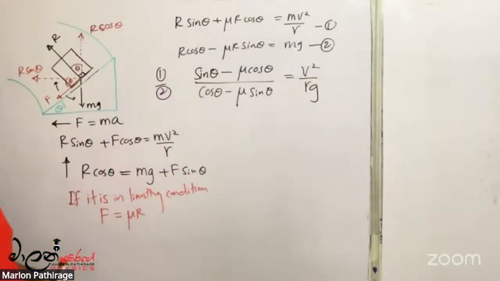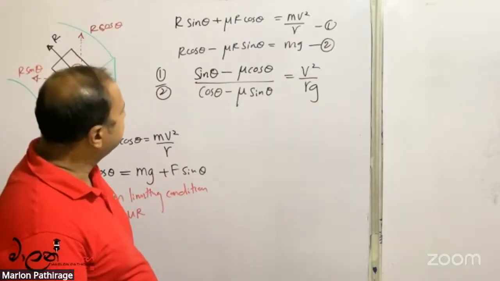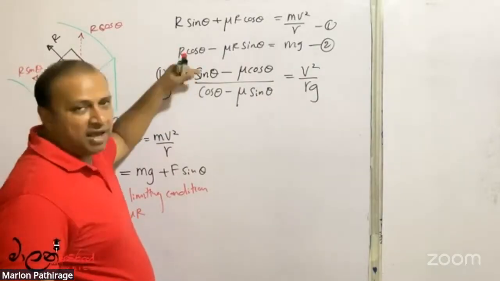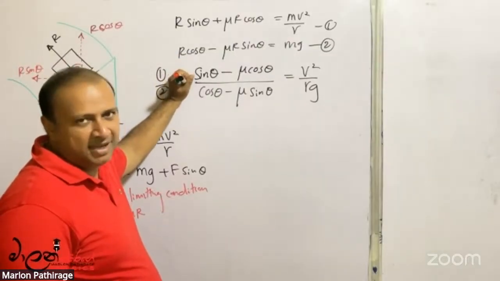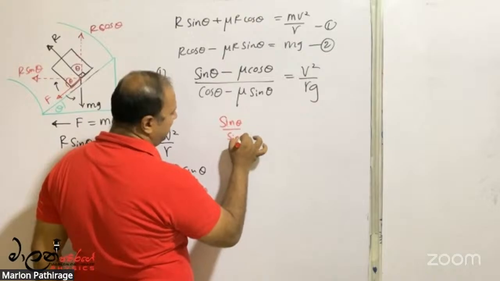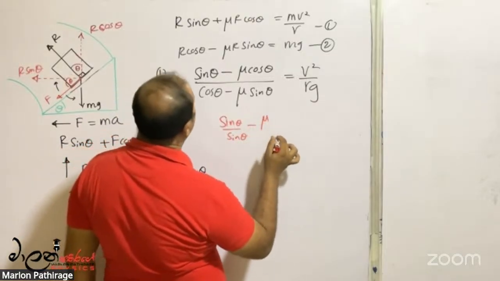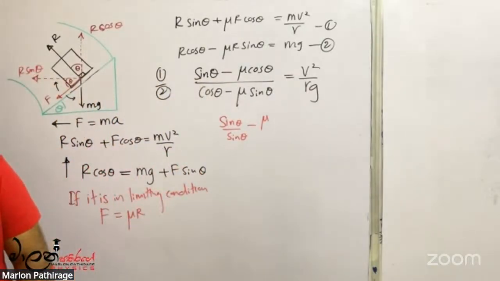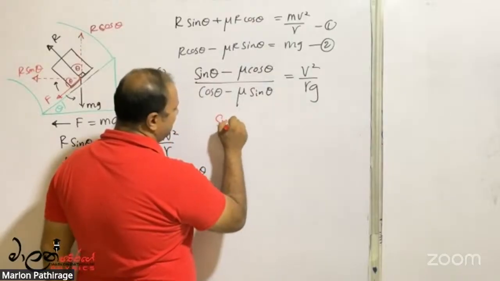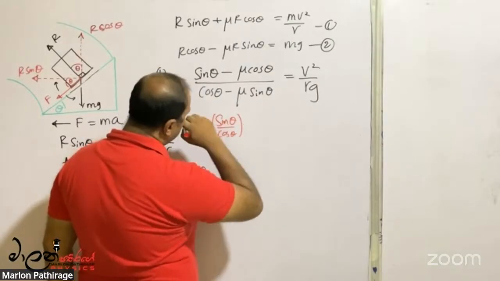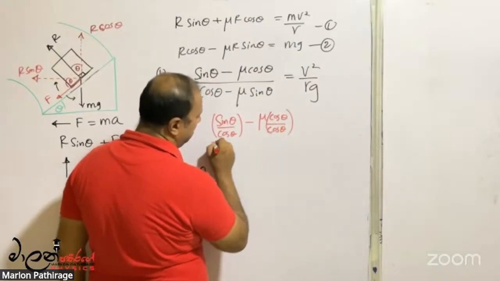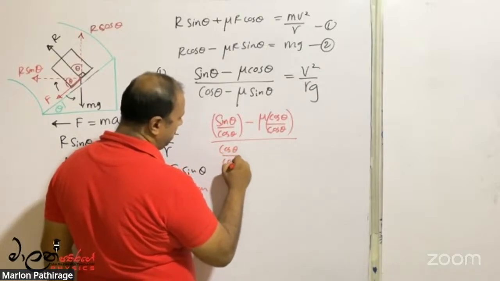Then I can divide each term by cos theta: sin theta over cos theta plus mu cos theta over cos theta, divided by cos theta over cos theta minus mu sin theta over cos theta.